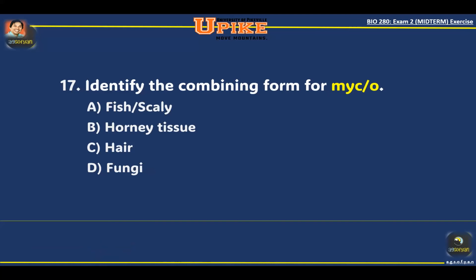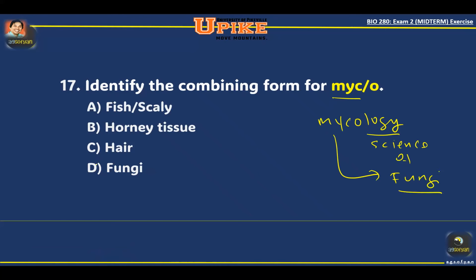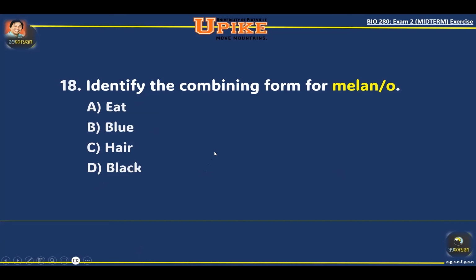Identify the combining form of myco. Sometimes we learn of mycology, a science of fungi. So myco means fungi. Identify the combining form of melano. Melano is a pigment that has a dark color, dark pigment.